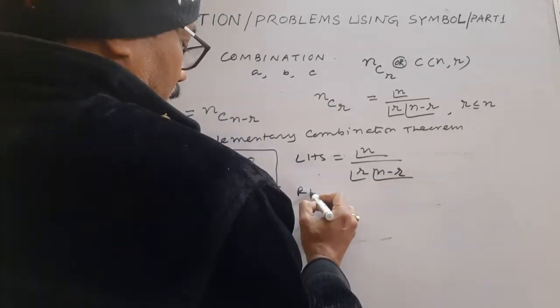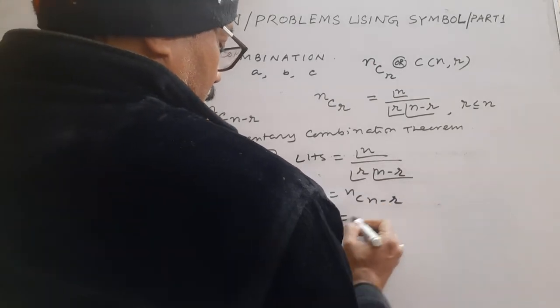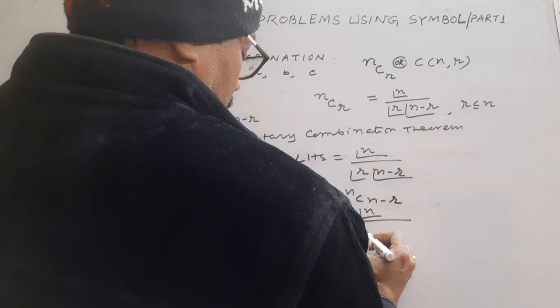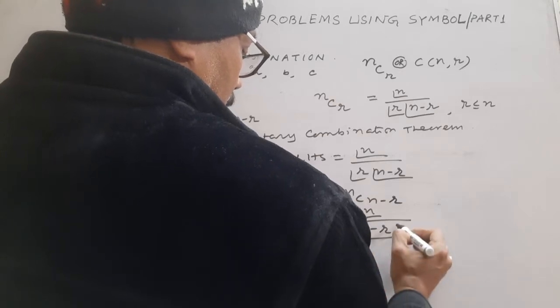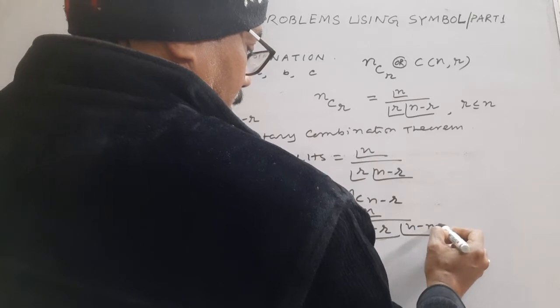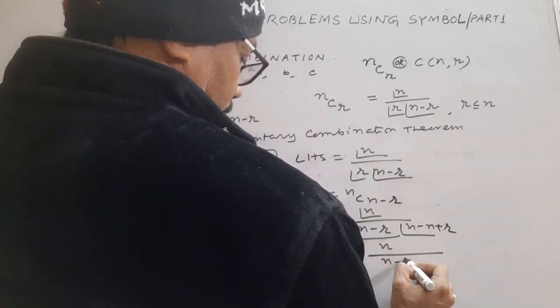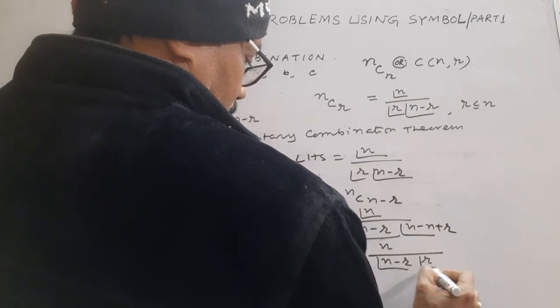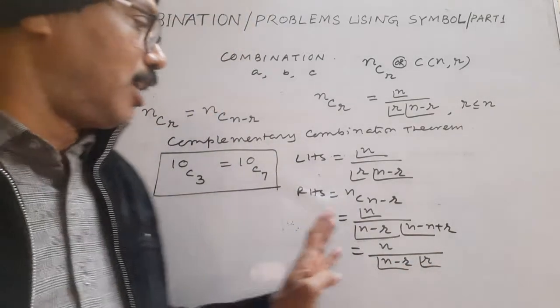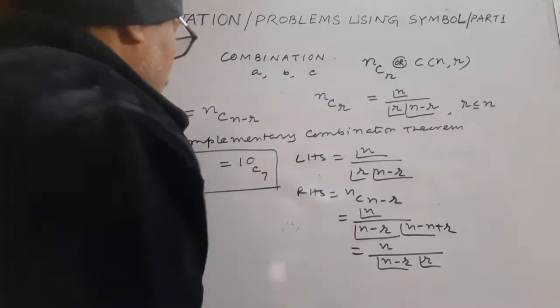Now what is RHS? nC(n minus r) is factorial n by factorial n minus r times factorial of n minus (n minus r), which is r. So we get the same thing. LHS equals RHS. So you need to recall only the result.